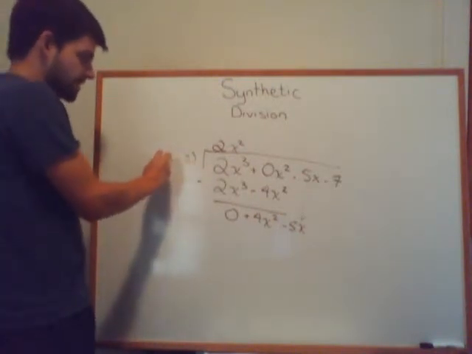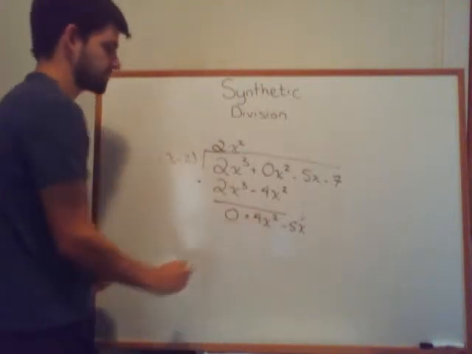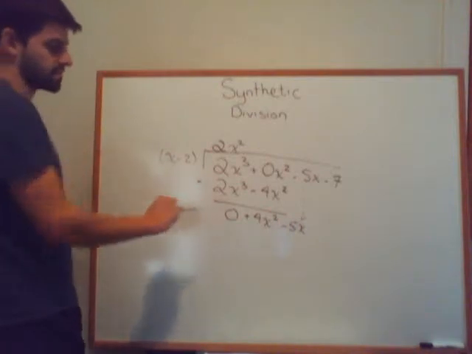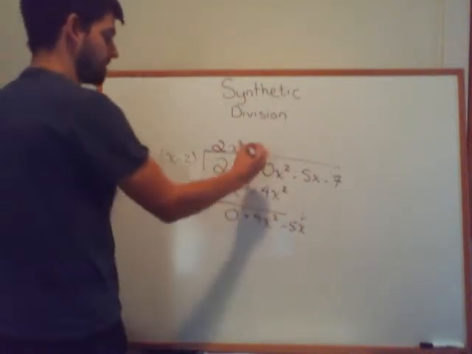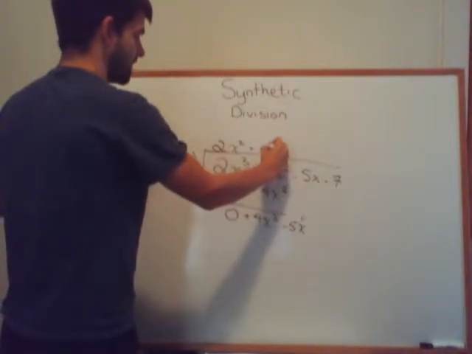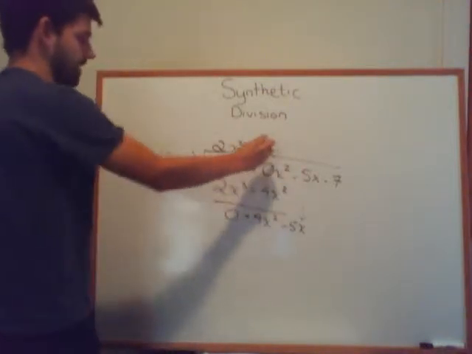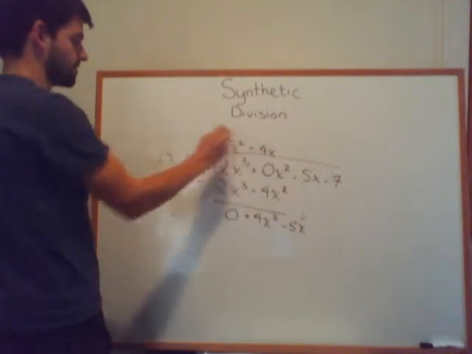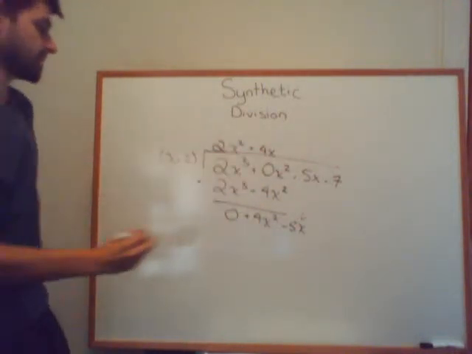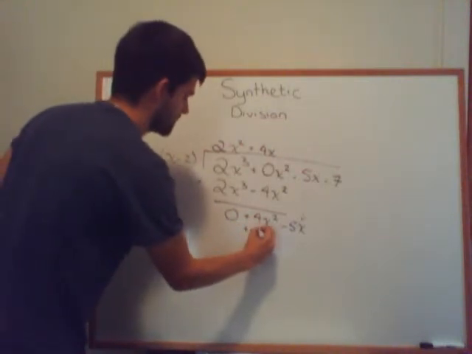So how many times can x go into 4x squared? Well, x times x is x squared, and then times its coefficient is 4x squared. So we have a positive 4x. So again, x times x is x squared. 4 times x squared is 4x squared. So 4x times x is positive 4x squared.